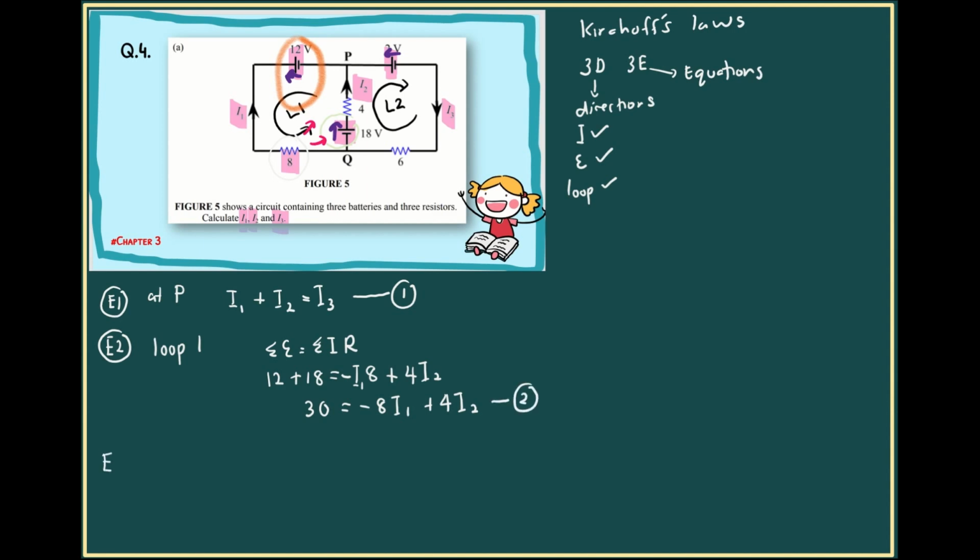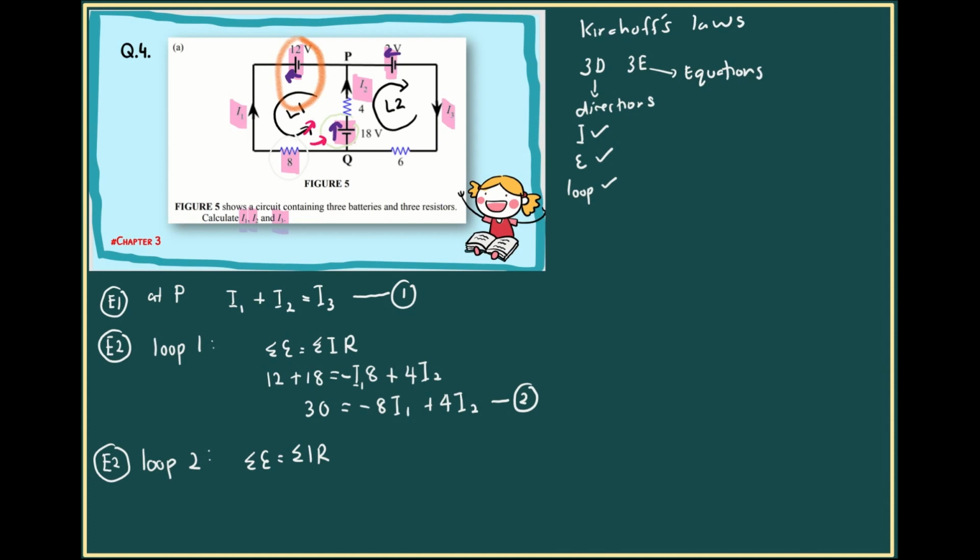Next, the third equation is from loop number 2. Again we are applying Kirchhoff's second law. We do the same: we always compare the direction of EMF with the direction of loop.